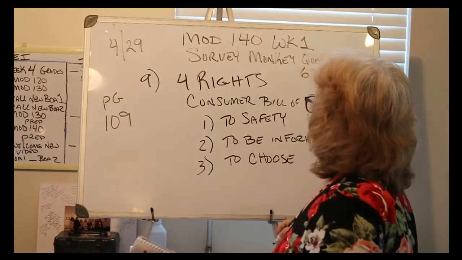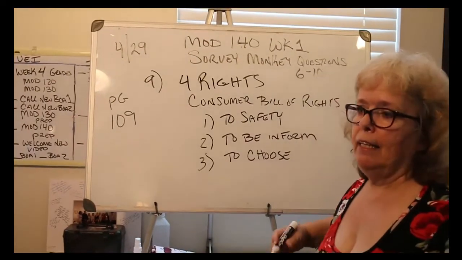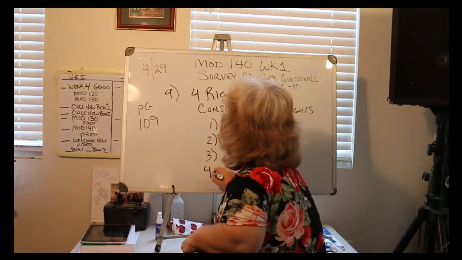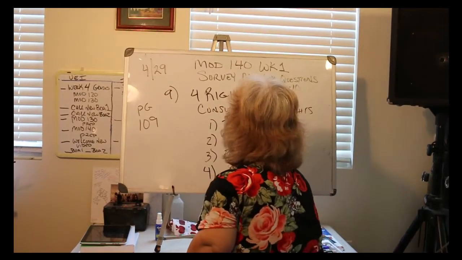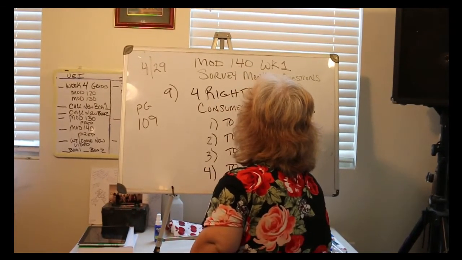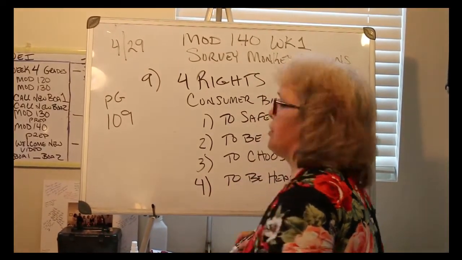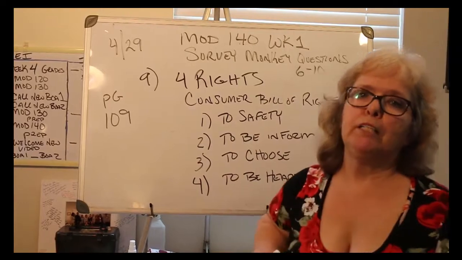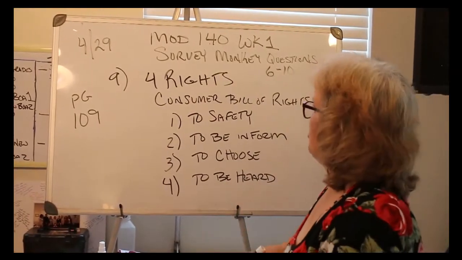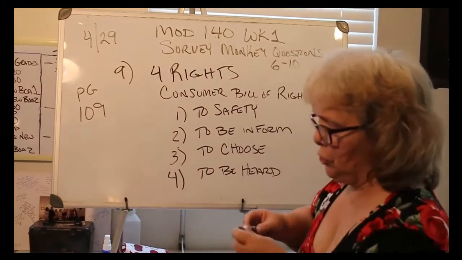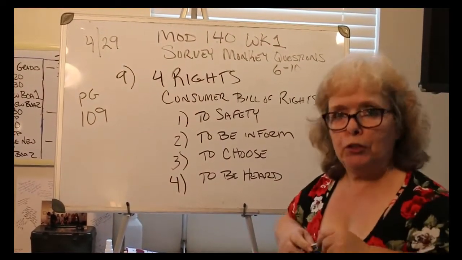Choose between different products, or choose to use this product that might be questionable or not. And then number 4, they have the right to be heard. In other words, their opinions, their thoughts, their fears, their concerns, they have a right to be heard. Okay? So those are the 4 rights that are given to the consumer through the Consumer Bill of Rights.